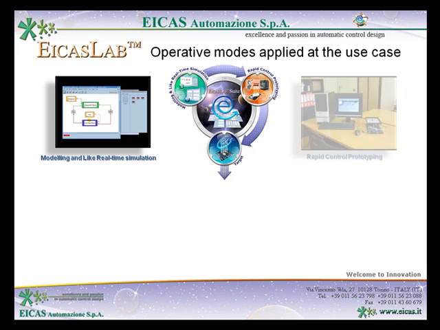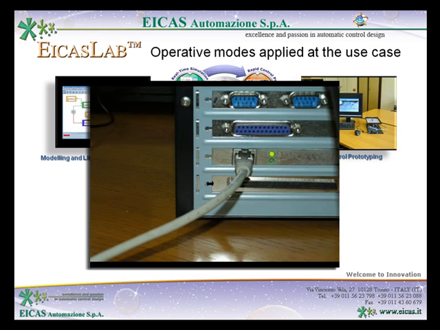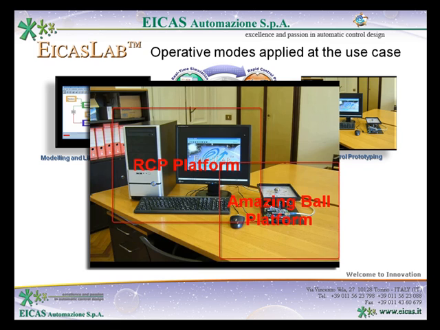The second operative mode is the rapid control prototyping that allows the designer to validate the same control code, the application software, already tested in like real-time simulation, now executing it in real time by using the EICASLab RCP platform.